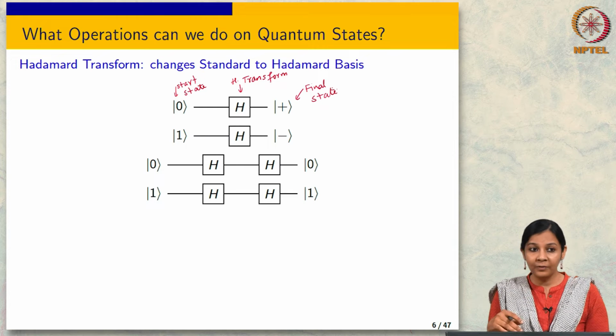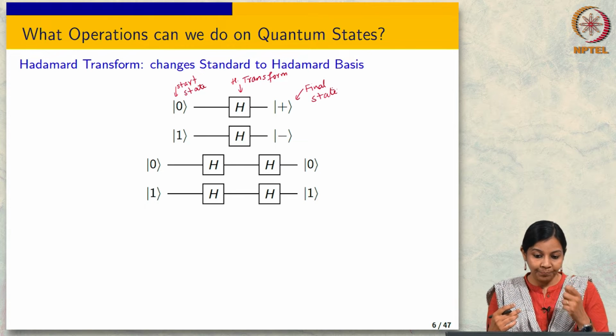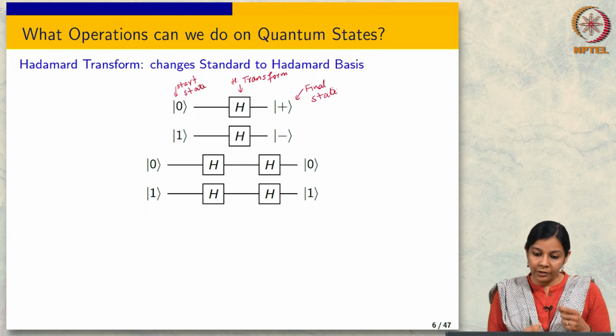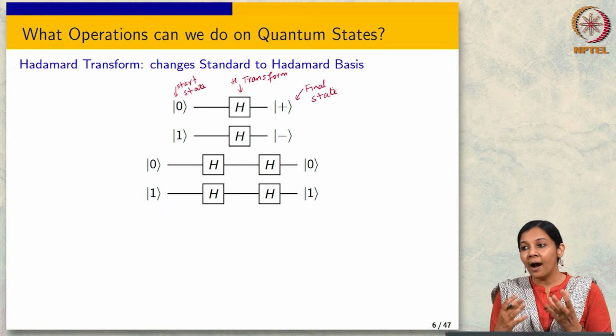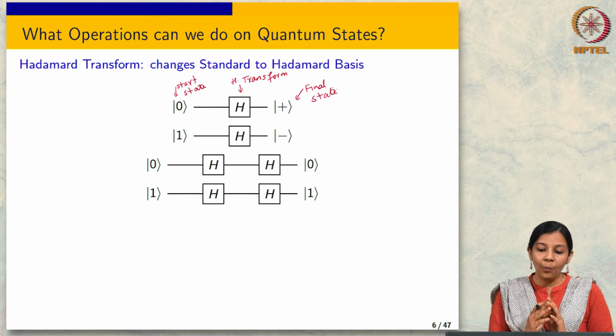We are going to see it all over the place. It will play a very crucial role in what we call the quantum Fourier transform, and this quantum Fourier transform is going to lie at the heart of many of the quantum algorithms that we see, including Shor's algorithm. For now we are just defining this Hadamard transform.